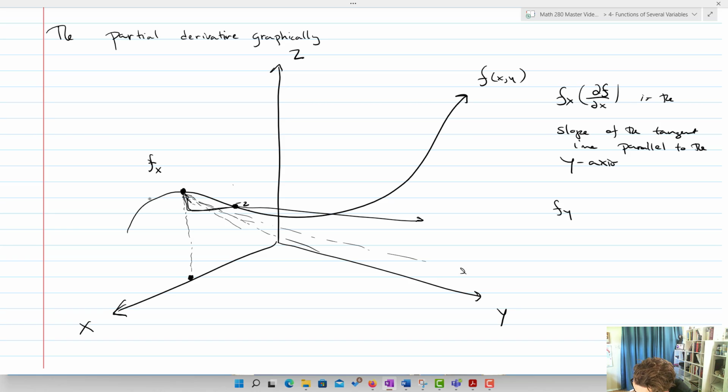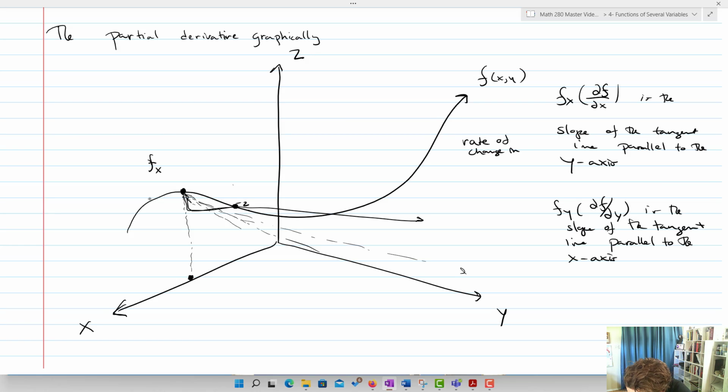And then fy, which is df dy, is the slope of the tangent line parallel to the y-axis. It's the rate of change in z if we don't change y. So how much does z change if we're only changing x and not changing y? That's our fx. And our fy is the rate of change in z if we don't change x.